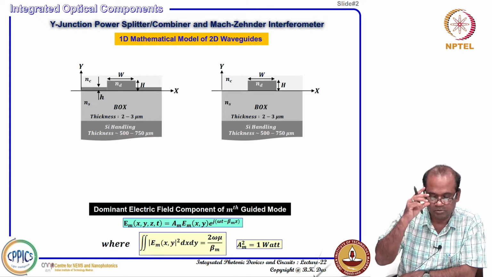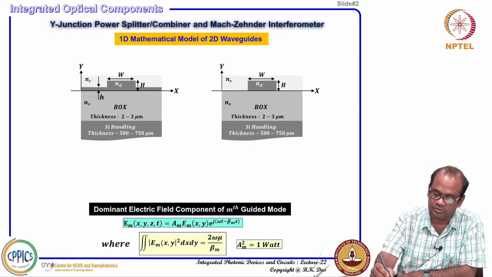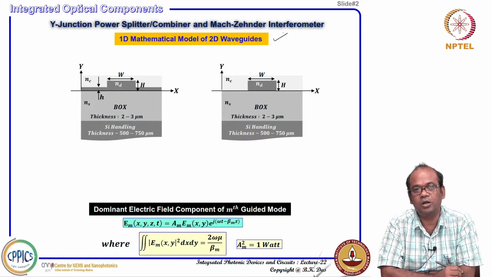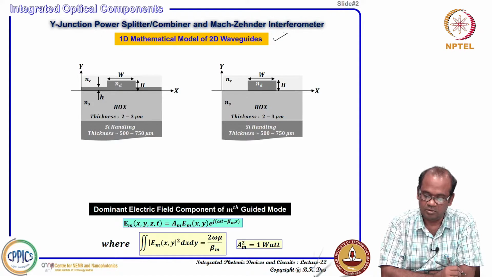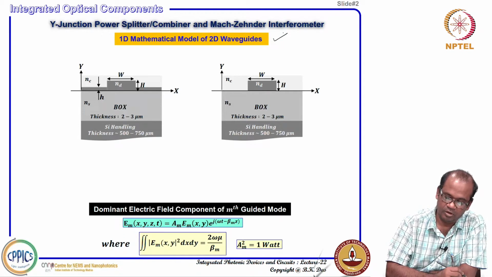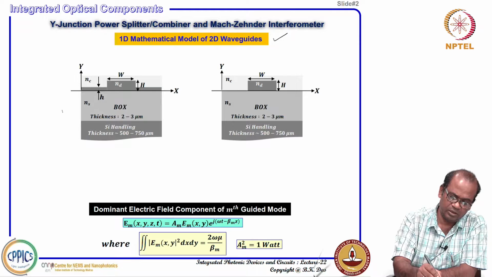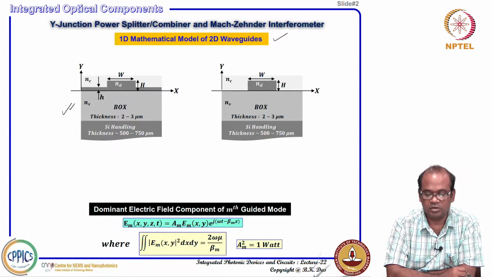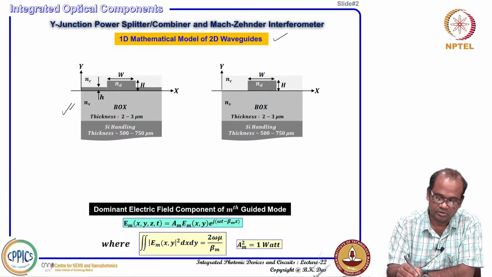So, now let us discuss first how we can develop a 1D mathematical working model of a 2D waveguide. Here is one example, as we always consider, an SOI, silicon on insulator, waveguide structure, and this is a photonic wire waveguide structure.